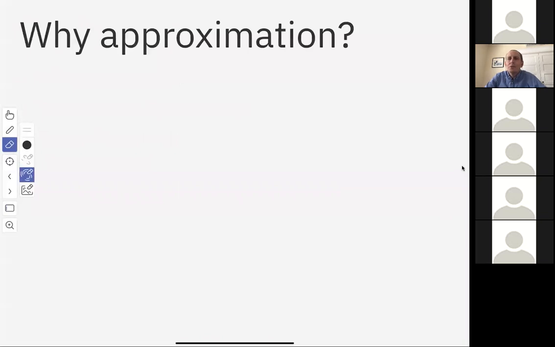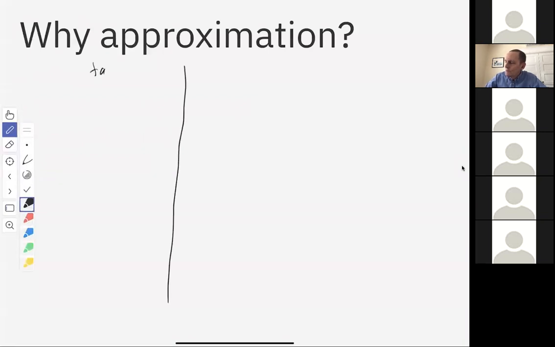Shannon, give me some reasons why we would need to have an approximation of our value function. Tabular methods rely on you being able to enumerate all of the state action pairs. So if you have a really large state space or a really large action space, that's not going to be feasible.